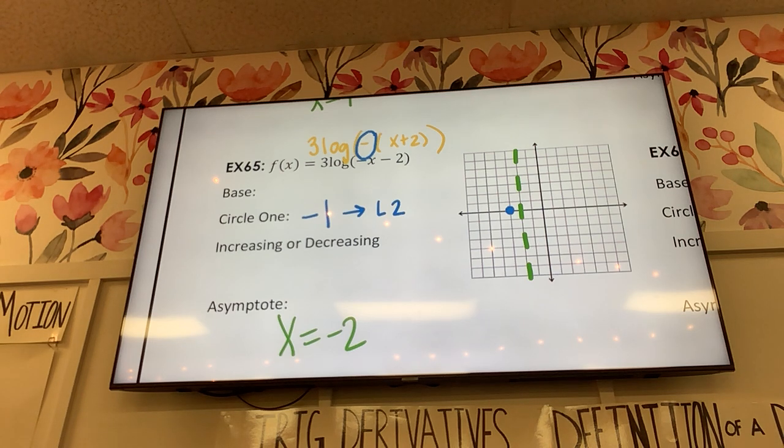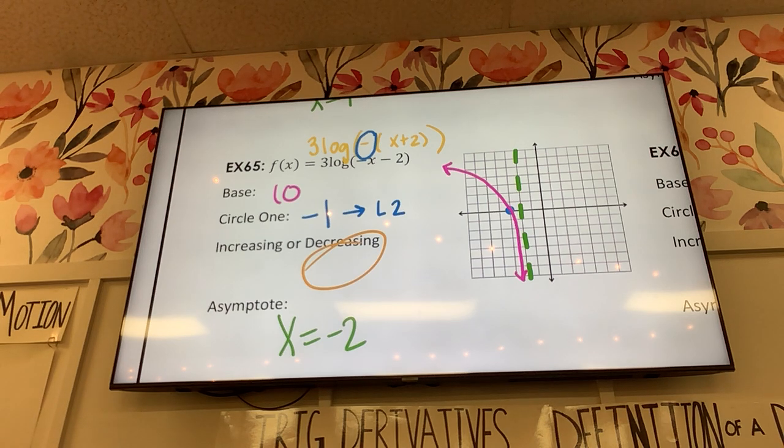Now on this one, what is my base? 10. So is it a growth or a decay? It's a growth. So we're going to start low and grow high. We're just doing it on the negative side. And are we increasing or decreasing? Decreasing, yep. From left to right, it's decreasing. It's going to grow, but it's decreasing from left to right.